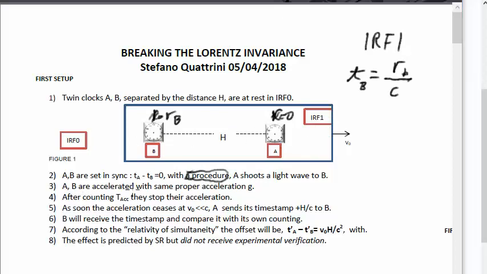Now, A, B are accelerated with some proper acceleration g. Now, I don't know what that's talking about. If A and B are accelerated, then those two clocks are not in an inertial reference frame.